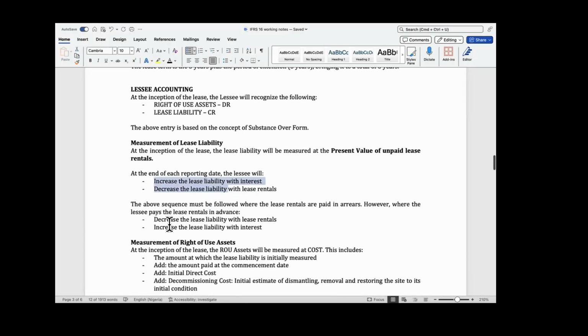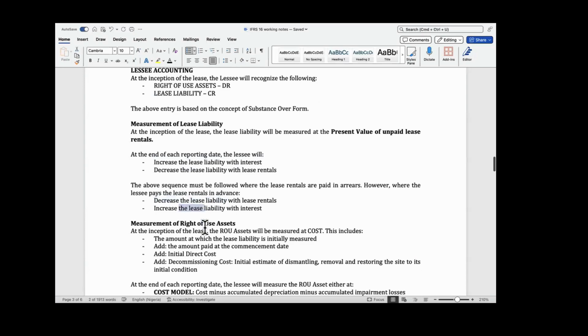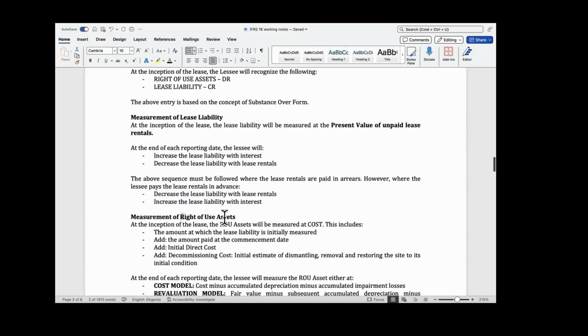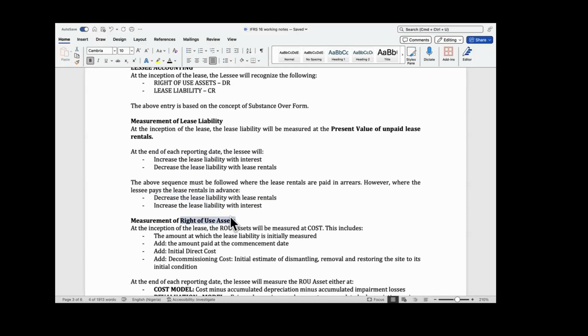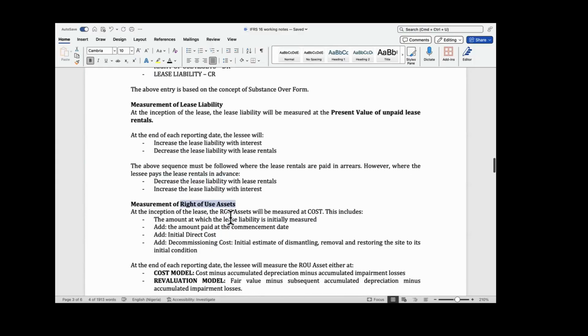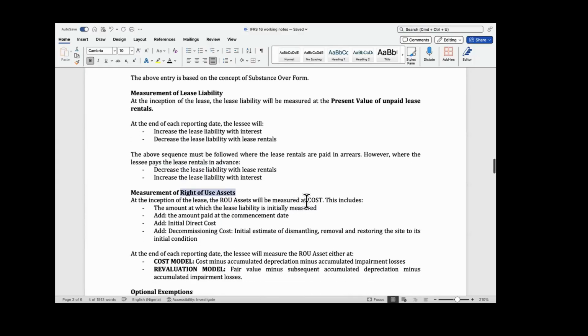If the lease rental is paid in advance, we would then have to decrease the lease rentals before you add the interest. And for the right of use asset, which is the asset that is acquired in the lease transaction, he would measure it at cost.